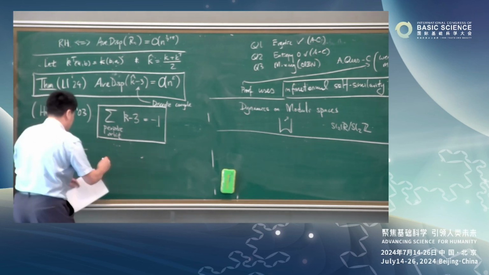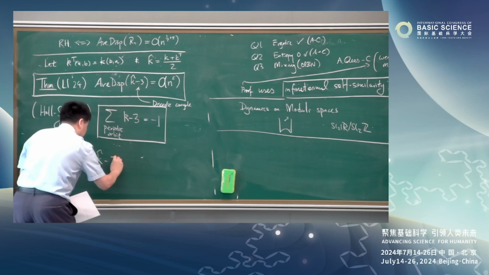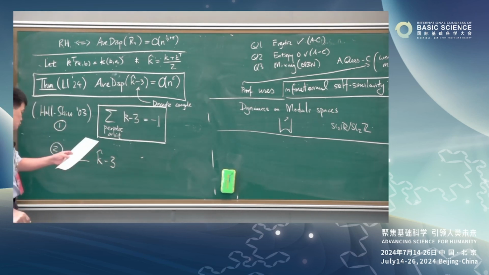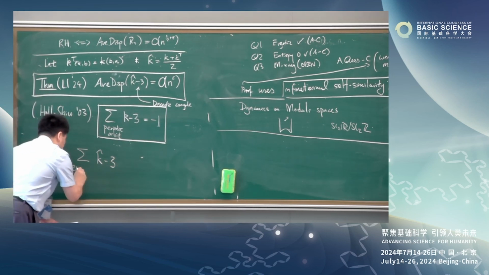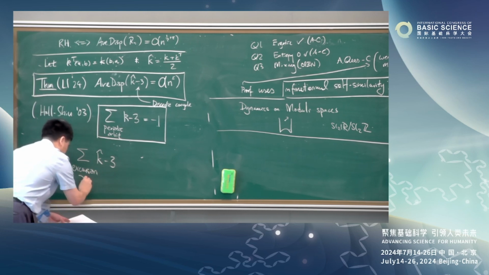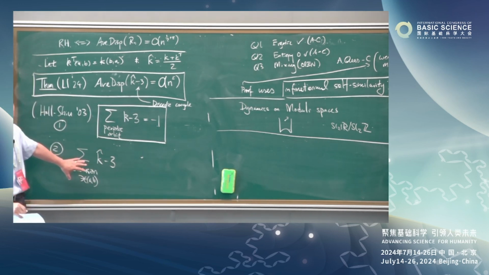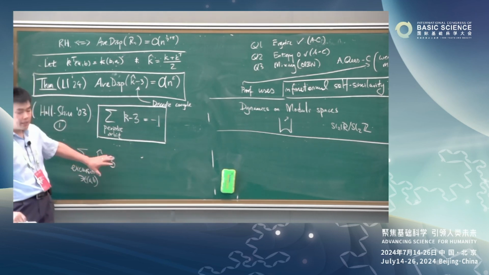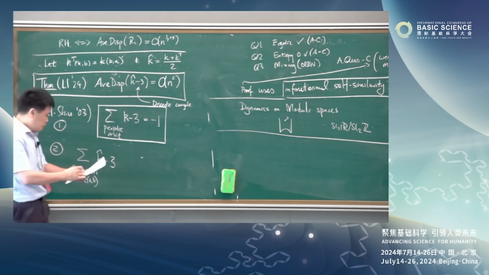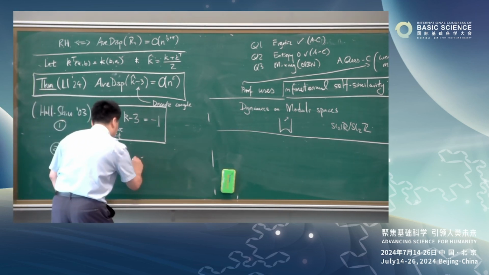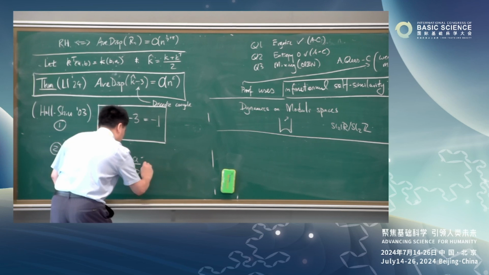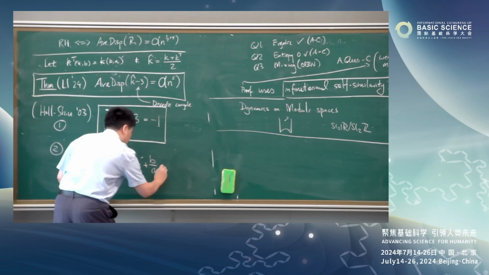Yiming is able to show that if you take k hat minus 3 and you sum it over anything, so there's a concept of excursion, which I'll introduce briefly. It's a generalization of a periodic orbit. If you sum k hat minus 3 over any excursion, we can write down a formula for it. Almost a formula.